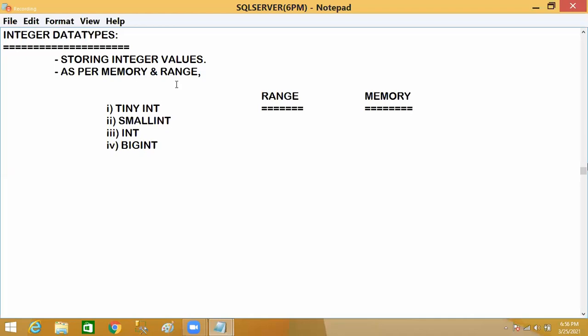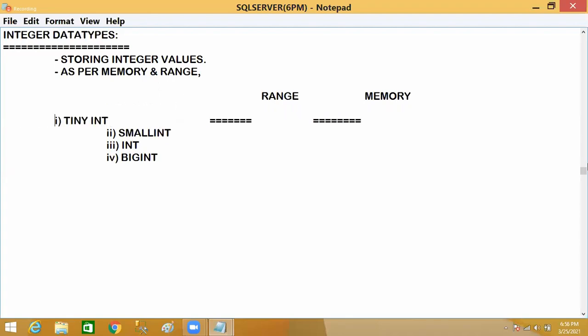The first one is tiny int. What is the tiny int range? 0 to 255.